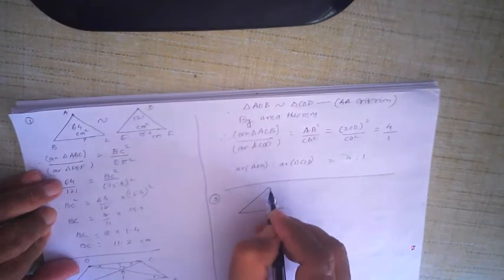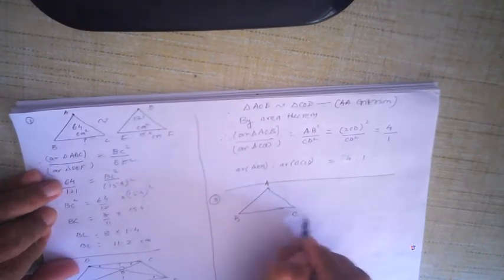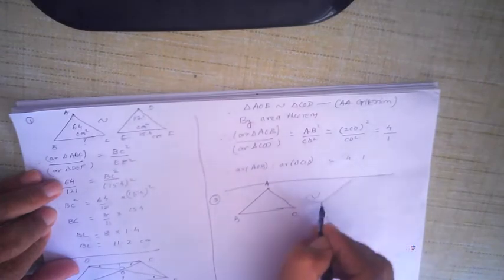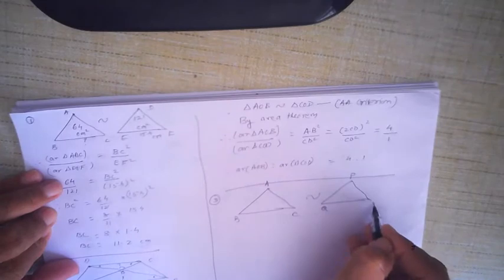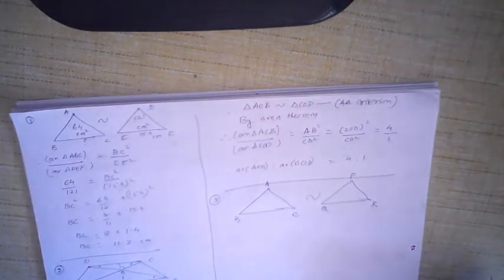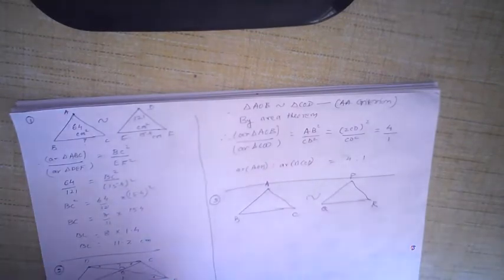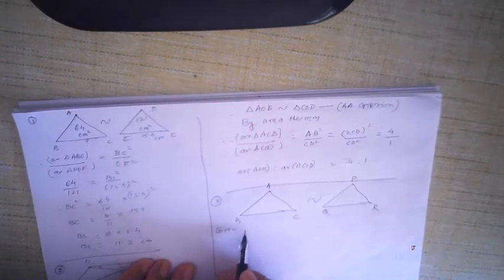Supposing we have two triangles, triangle ABC and triangle PQR. These two triangles are given as similar. What are we supposed to prove? If the areas of two similar triangles are equal, then prove that they are congruent. So what are we given? We are given two things.